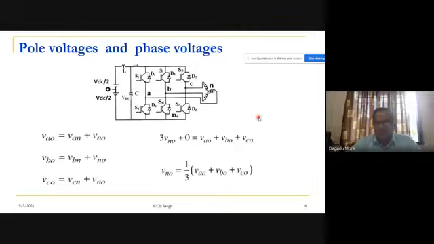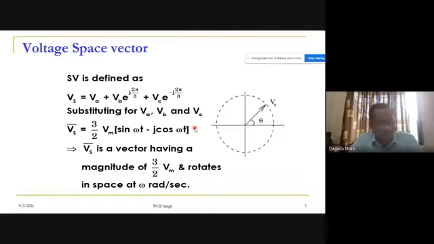Now, last time we discussed the phase and pole voltages. With this concept, we have just put up the concept of the voltage space vector.